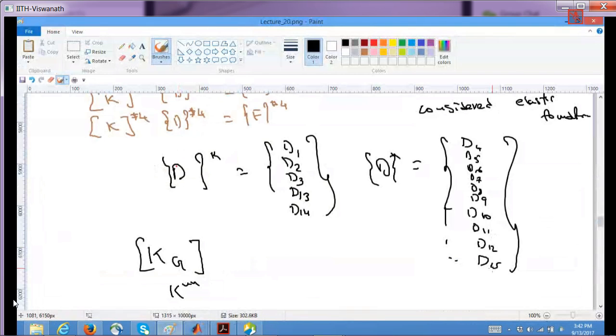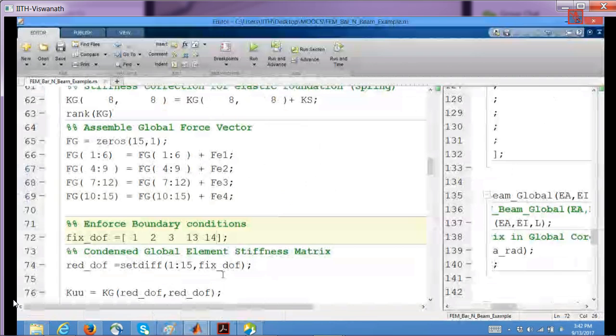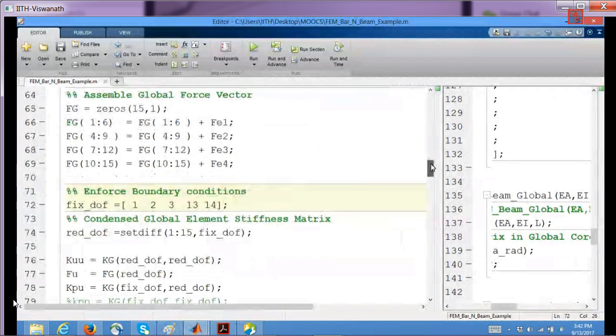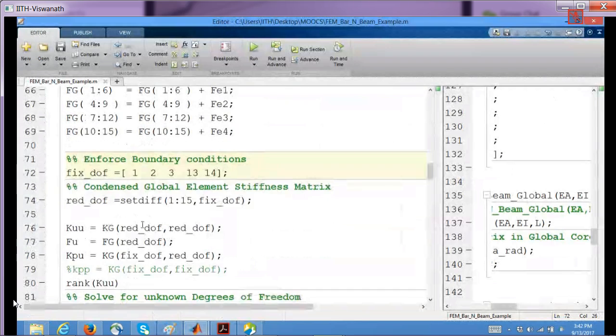So this reduced degrees of freedom is the set difference between all minus the fixed. Then KUU is from the K global, I only ask for my reduced degrees of freedom and reduced degrees of freedom, and directly I get KUU. Similarly, my FU is from the global, I ask only for my reduced degrees of freedom. Similarly, all such things.